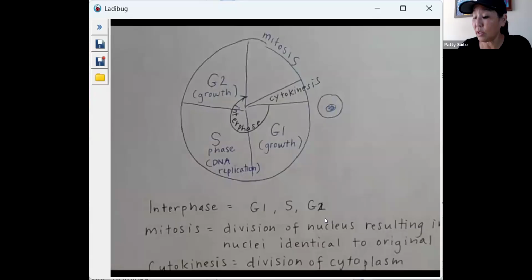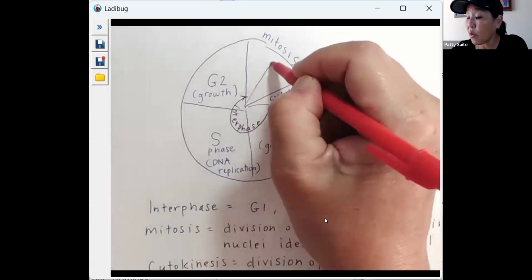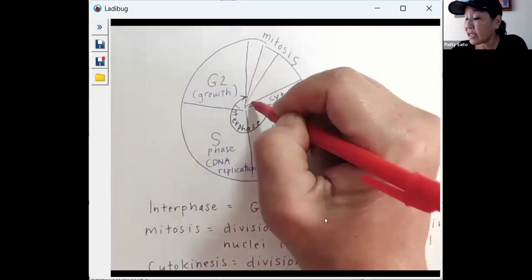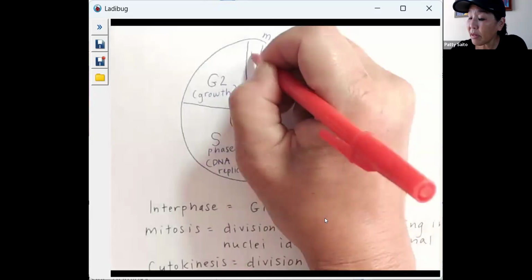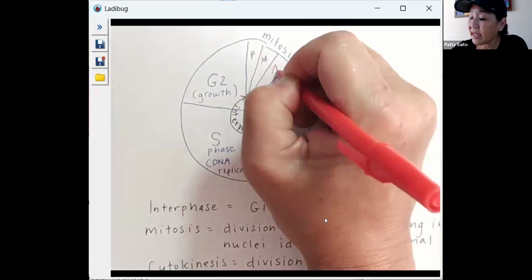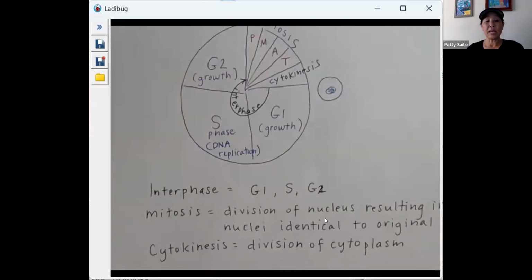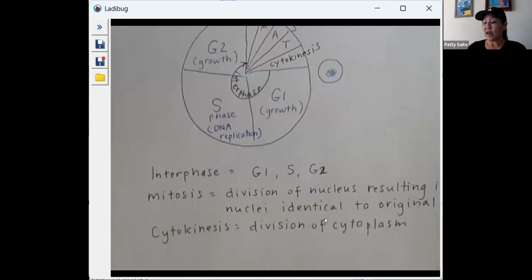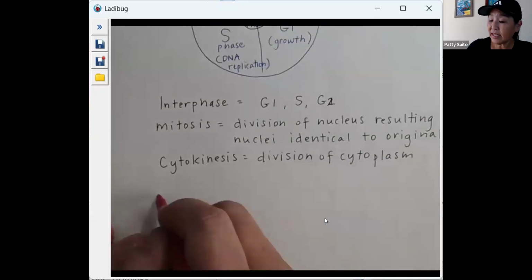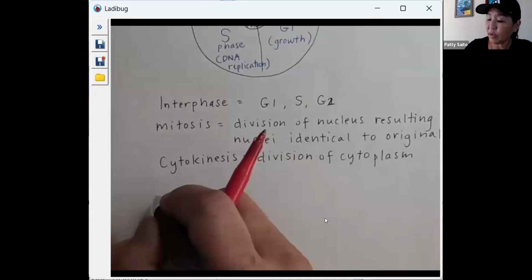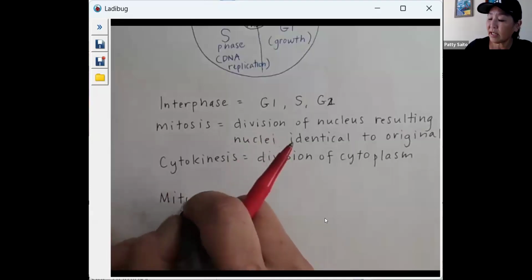Mitosis can be broken up into 4 different phases. And I'm going to label them PMAT. Okay, so PMAT. These are prophase. So we're looking at mitosis.